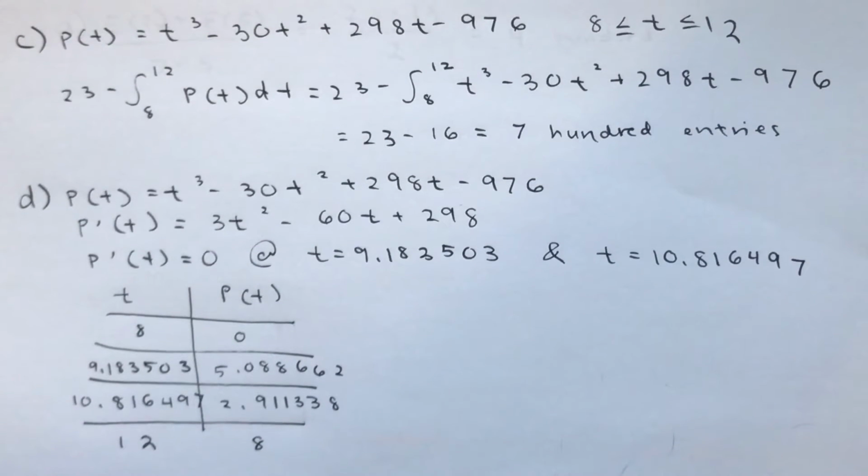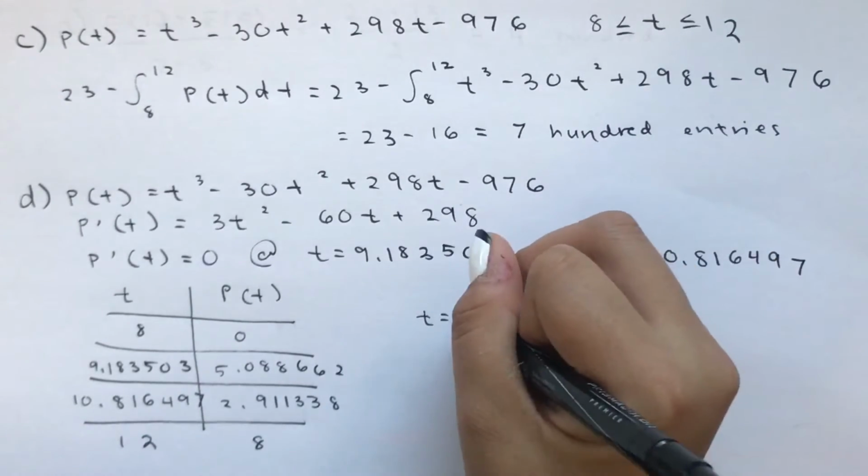So once you plugged everything in, we need to find the absolute maximum, which is the greatest value. So it's clearly 8, which is at 12, so the answer is t equals 12.